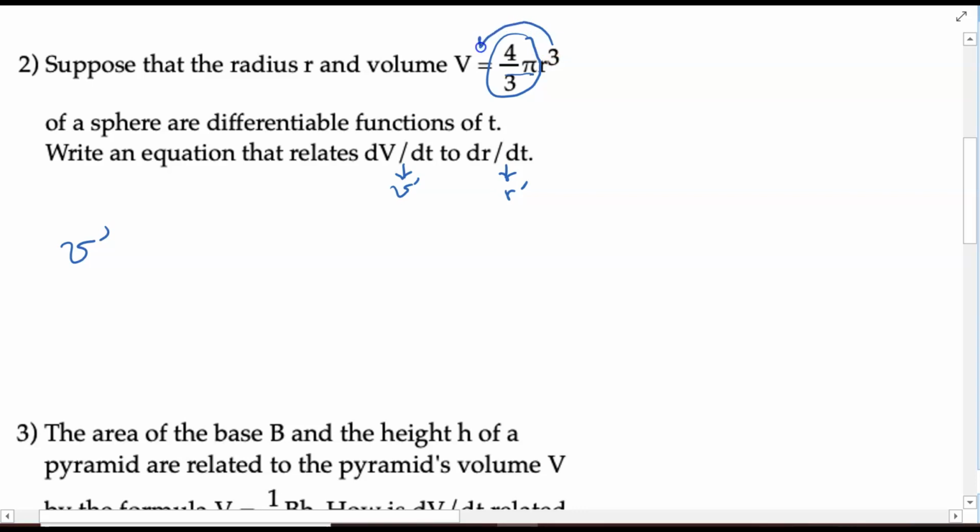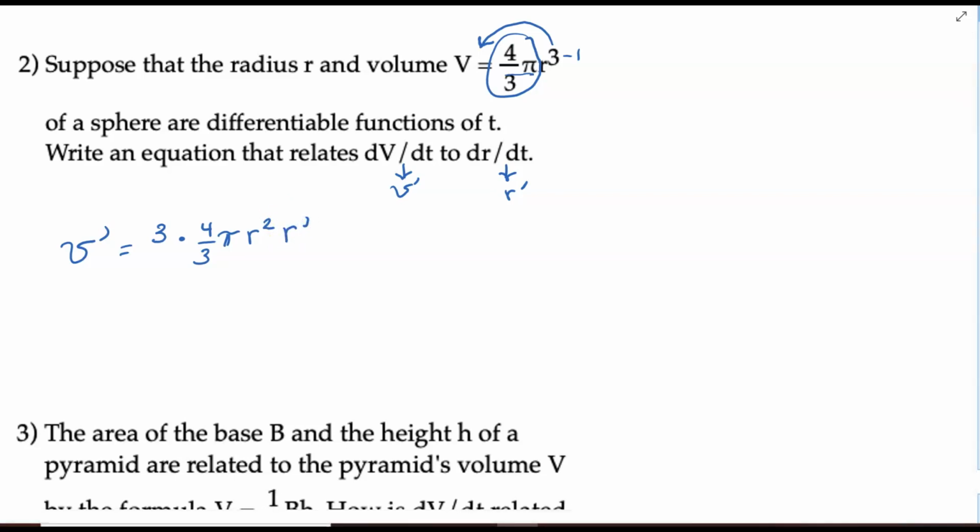So I bring the power down. I'm going to have 3 times 4/3 pi r to the, take away 1, r to the second power. And then because I took the derivative of r, I need to say r prime.